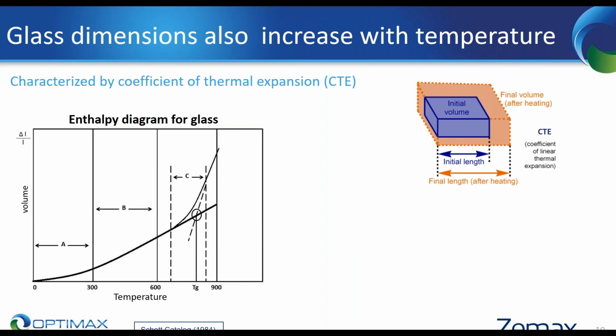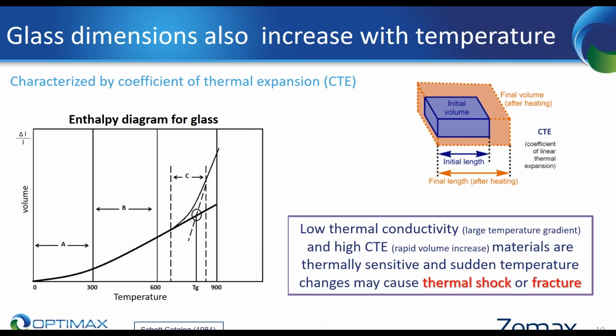And where this really comes into importance, if you also remember back to the thermal conductivity, is if we combine a material that has low thermal conductivity, meaning that there's a very large temperature gradient, meaning that the heat does not spread throughout the material, and that also has a high coefficient of thermal expansion, meaning that the volume rapidly increases as a function of temperature, these materials are thermally sensitive, and sudden temperature changes may cause thermal shock or fracture.